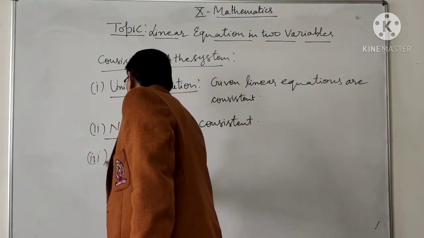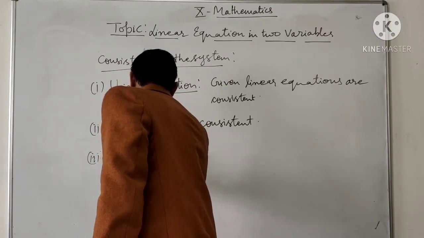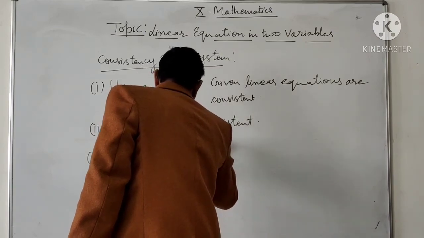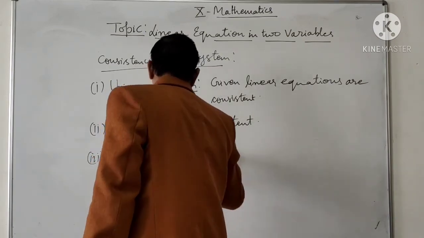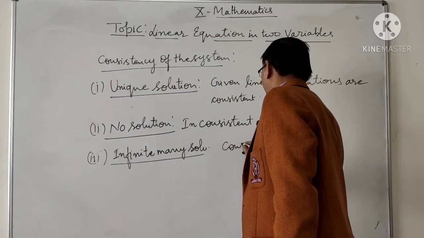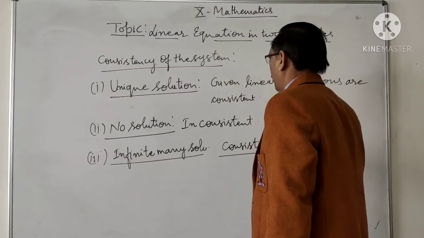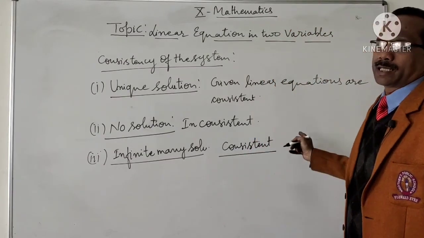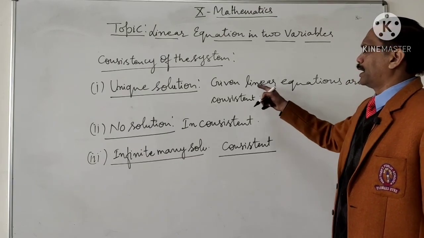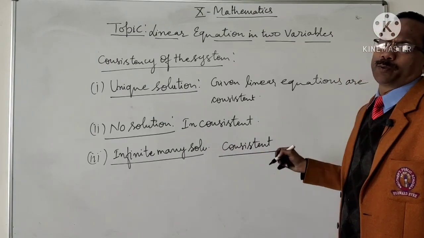Third case is infinitely many solutions. Then it is also said to be consistent. So whenever we get a solution, lines are said to be consistent in the first case and the third case. The second case is said to be inconsistent.